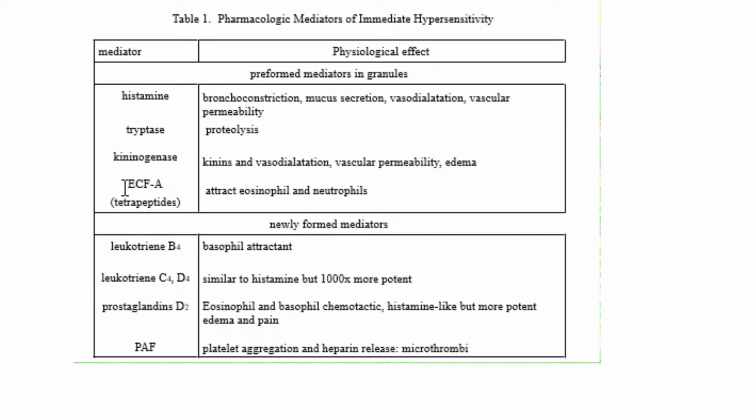This may cause microthrombi. As we see from this table, there are already formed mediators, which cause immediate release and immediate type of reaction, followed by delayed release, which is more potent than the immediate release mediators.